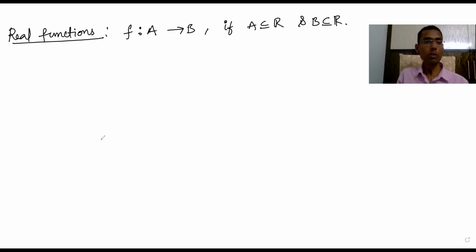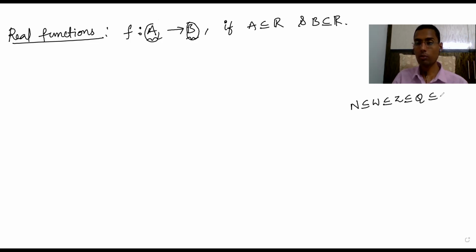So now, whenever we say real function, we know that A is a subset of real numbers and B is also a subset of real numbers. But you don't know what A is, what B is. But you know it is a subset of real numbers. What are the subsets of real numbers? Natural numbers are a subset of whole numbers, which are a subset of integers, which are a subset of rational numbers, which are a subset of real numbers, which are a subset of complex numbers.